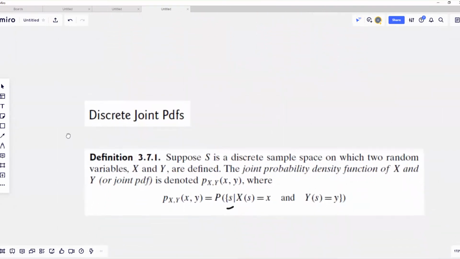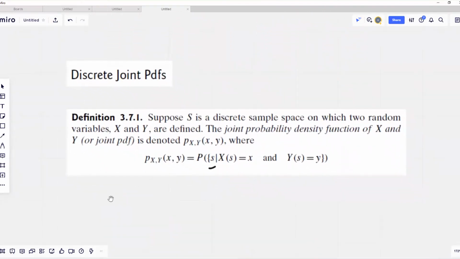As in the case when we were working with single random variables, we differentiated between discrete and continuous probability density functions. We are going to do the same in the joint case, and we are going to start by looking at the definition of discrete joint PDF.